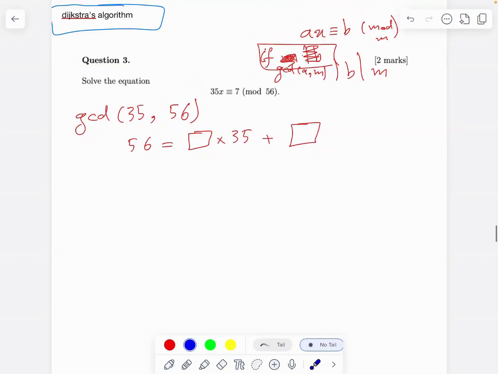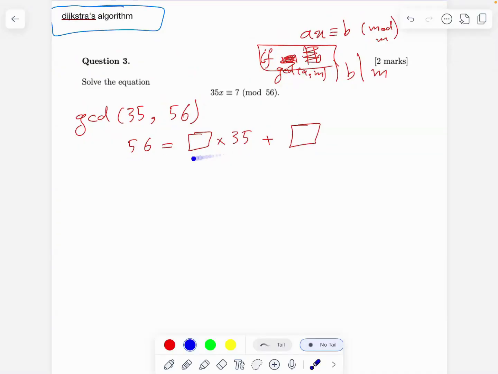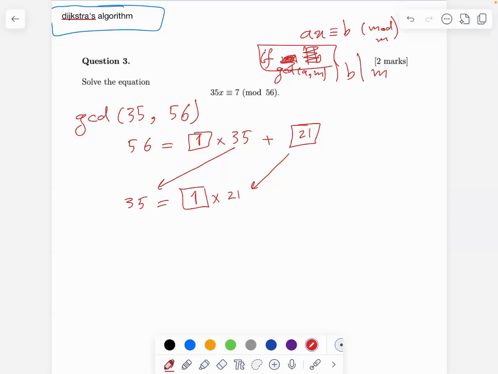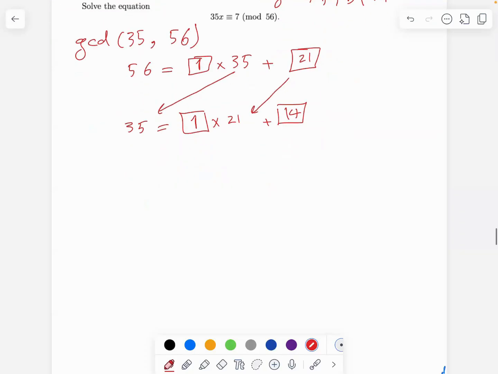Okay, 56 divided by 35 is just 1, remainder 21. This comes here. 35 divided by 21 is 1, plus the remainder 14.